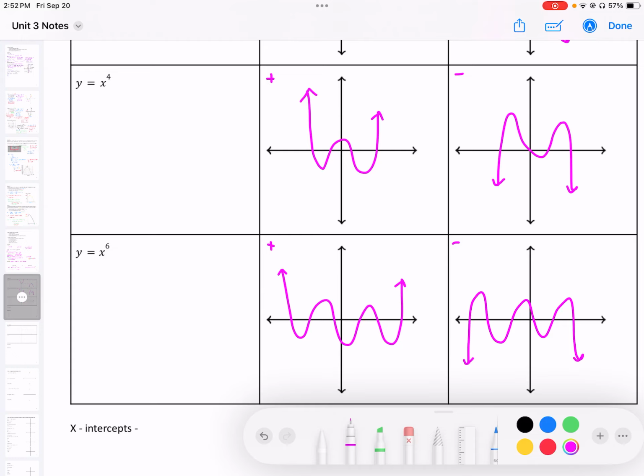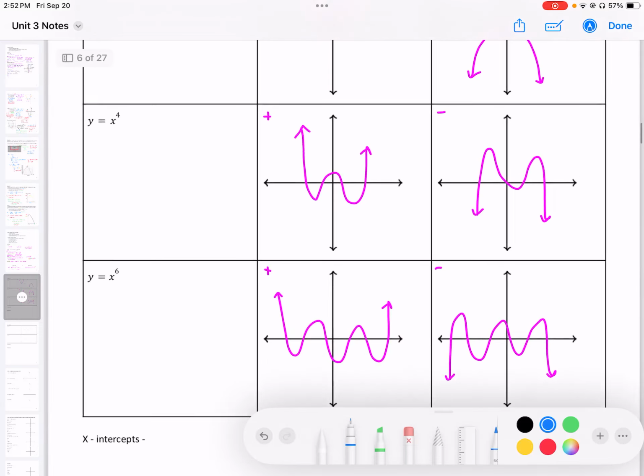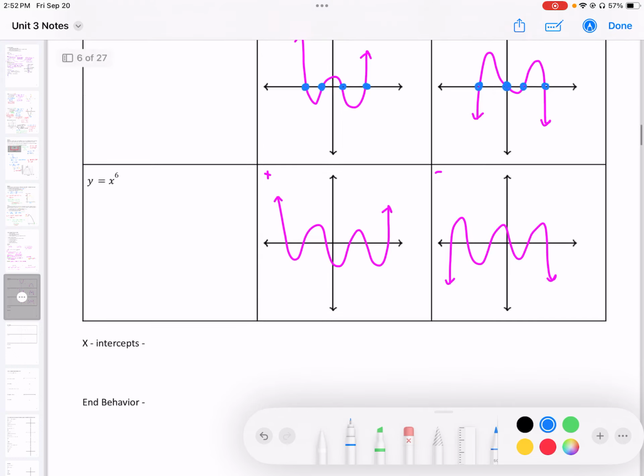Now, the reason we know it has that many curves is the power determines the maximum number of x-intercepts. So notice that the power of 4 can have up to 4 x-intercepts, whereas the power of 6 can have up to 6 intercepts. It can have less, so that is always an option, but it cannot have more.